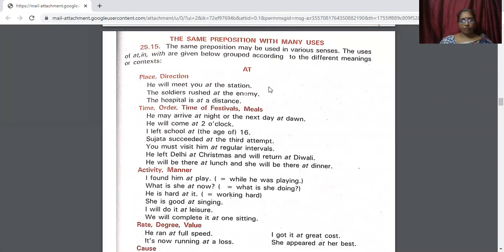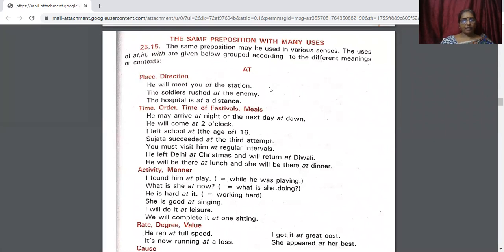Time, order, time of festivals, meals. He may arrive at night or the next day at dawn. At night or at dawn. He will come at 2 o'clock. I left school at the age of 16. At 16 means at the age of 16. Sujata succeeded at the third attempt.